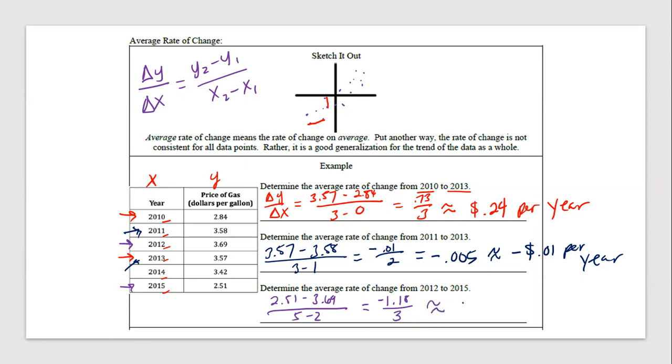So approximately negative 39 cents per year. If you were a consumer, which rate would you want them to use? The third one, right? I want the one that's going to give me the most decline every year, right? Does that make sense? All right. Are we good with average rate of change?